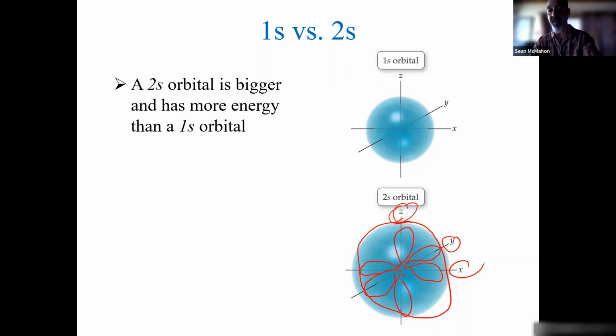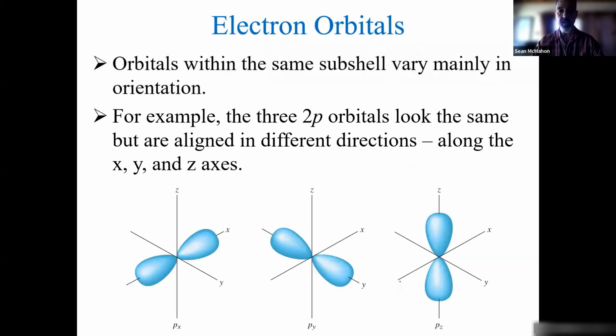And the reason I can fit this is they're further away than the 2s or the 1s. So that's what their orientation is. So there's the x, the y, the z axis, and I can have the 3 orbitals based on those axes. I can have 2 electrons per orbital.